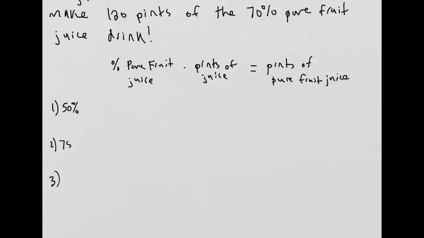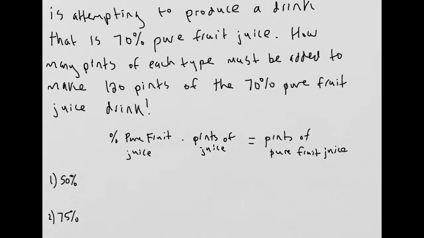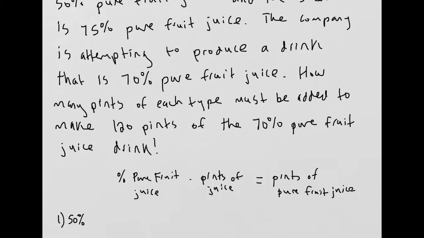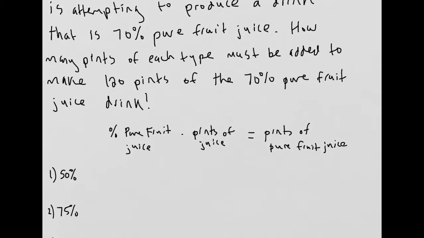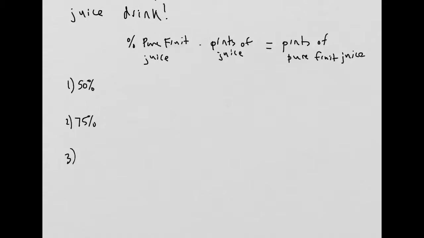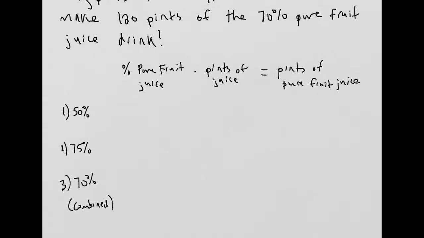My second one was 75%. And then the third one is more or less the combination of the first two. So I'm mixing the 50% and the 75% together to get the 70%. So this is going to be my 70%, and in parentheses I'm going to put that it's really my combined row, because I'm combining those first two types of fruit juice.